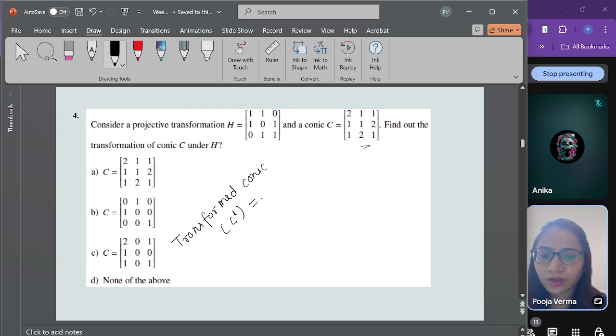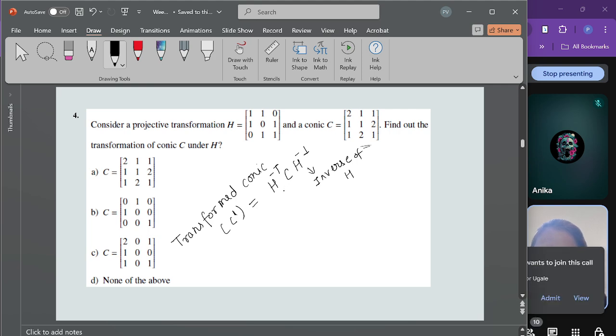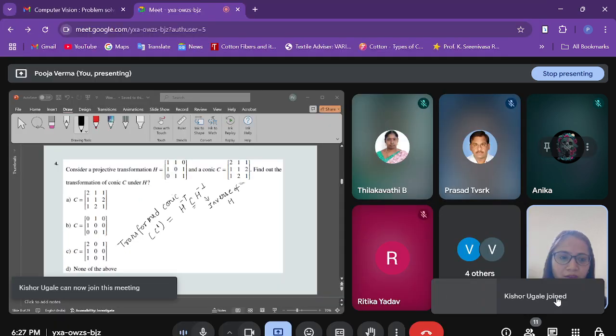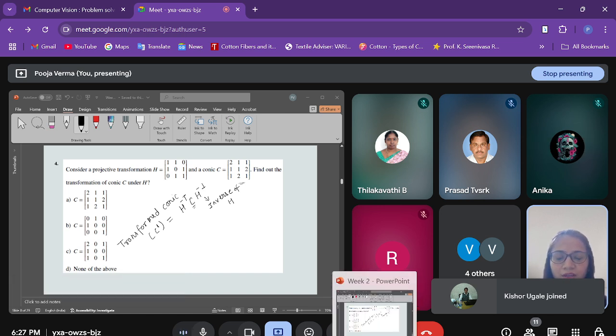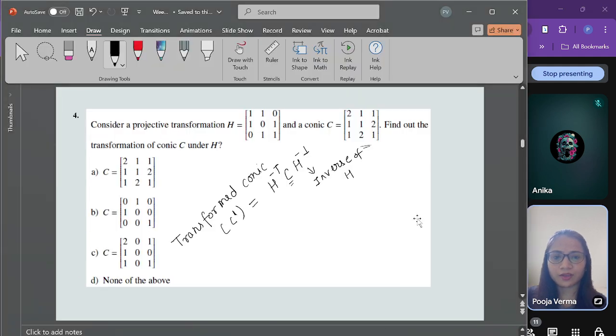It is found by H inverse transpose C H inverse, where H inverse is the inverse of the projective transformation H. This is the inverse transpose of H, and this is the conic matrix already given here. So the transformation matrix and the conic matrix both are given. Now we need to put them in that formula and then solve it.